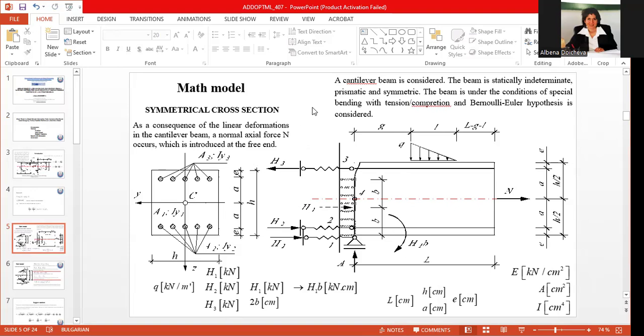As a consequence of the linear deformation in the cantilever beam, a normal axial force N occurs, which is introduced at the free end.